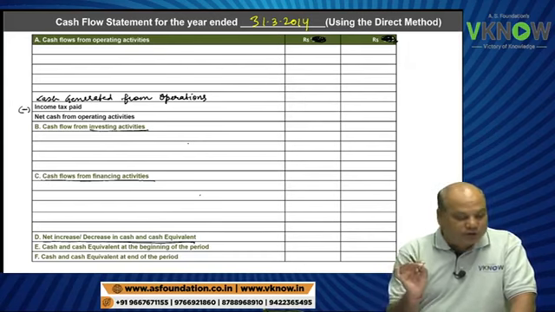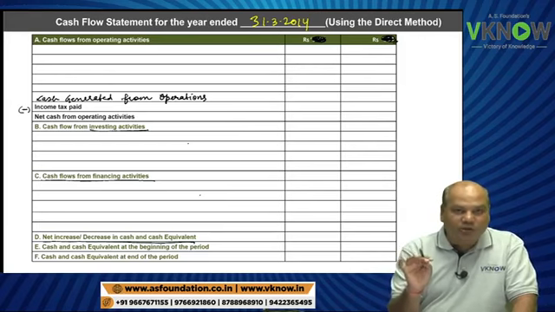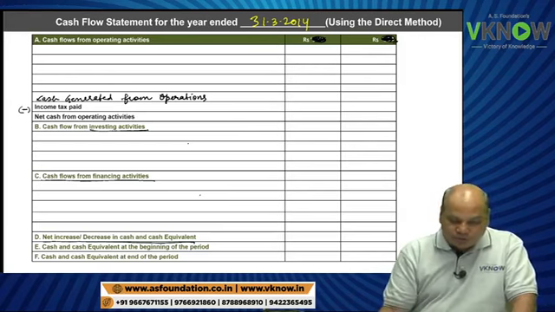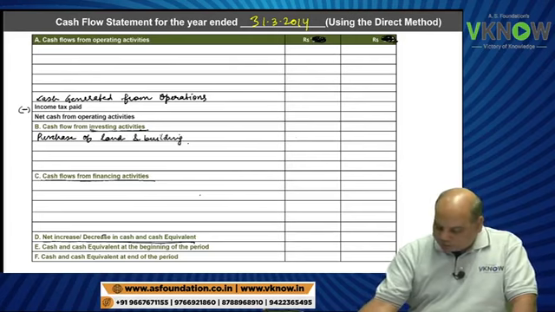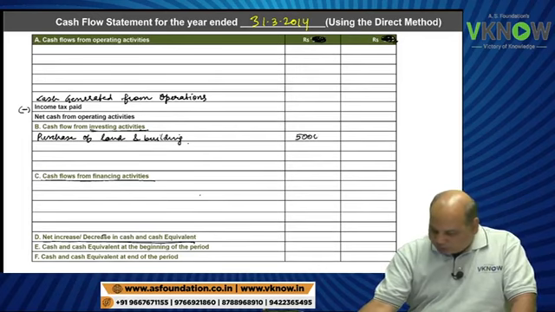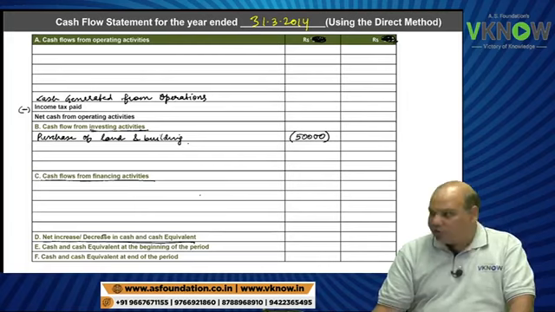So the difference in land and building represents purchase. So we are going to write in investing activity, purchase of land and building 50,000. Purchase of land and building 50,000 in bracket.